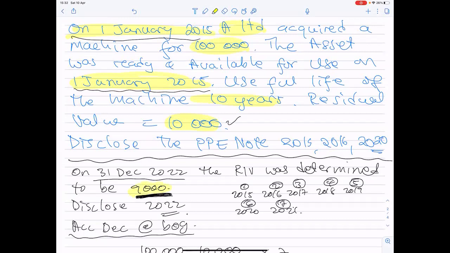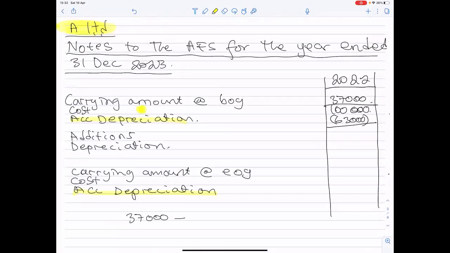So I'm going to subtract 9,000 divided by the remaining useful life at the beginning of the year, which is 10 years minus 7. How much do we get? 37,000 minus 9,000, divided by 3. I'm getting 9,333.